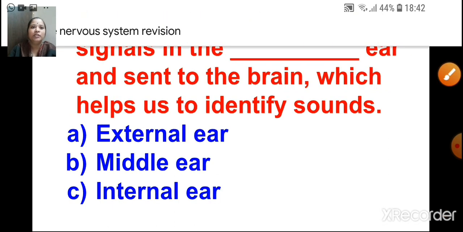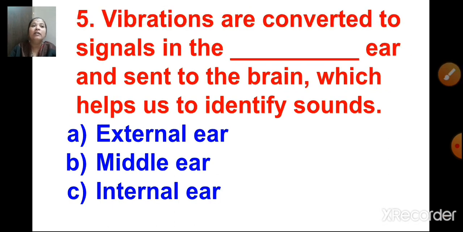The next question is, vibrations are converted to signals in the dash ear and sent to the brain, which helps us to identify sounds. Now we know that there are three parts of the ear: external ear, middle ear and internal ear. The external ear catches the sound. It's like a funnel which collects the sound.